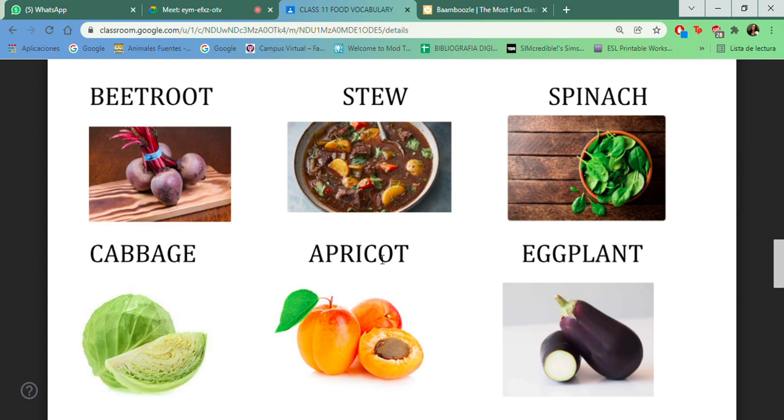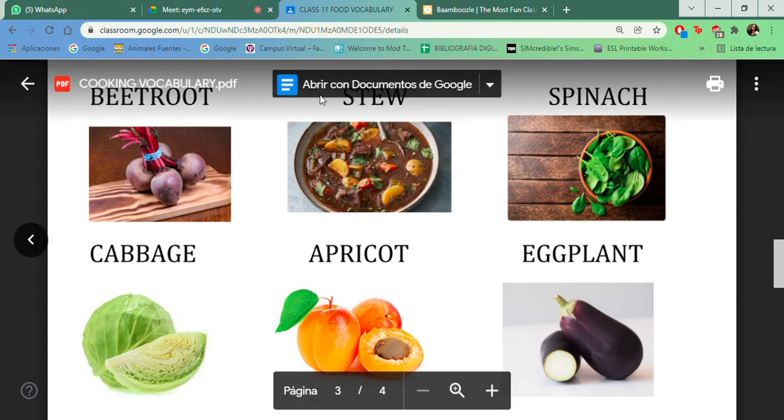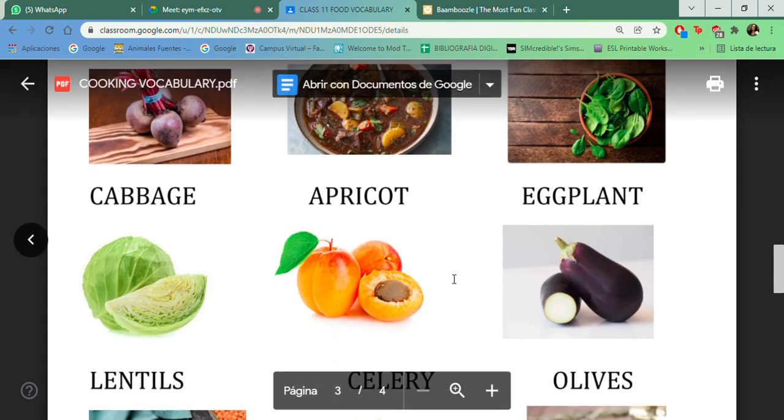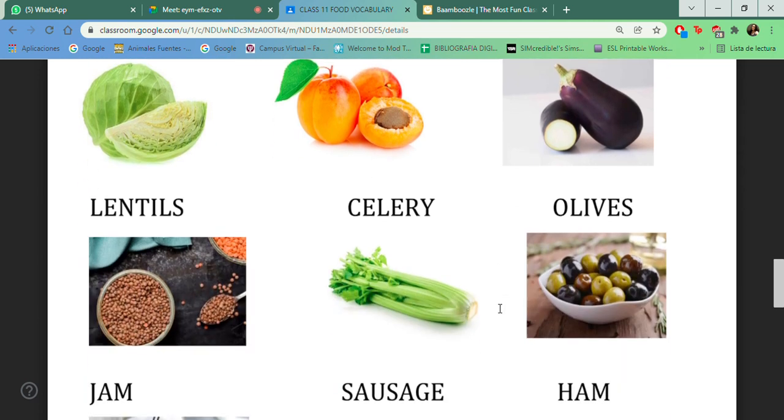Beet. What is this, beetroot? Here you have the picture. Beetroot. Yes, remolacha. Yes, it's that vegetable or fruit, I don't know. Great. Maybe you already know these ones.